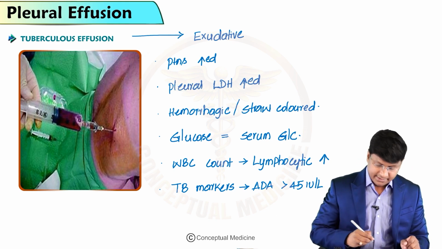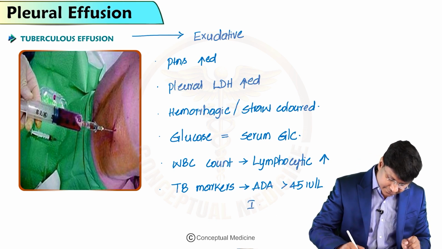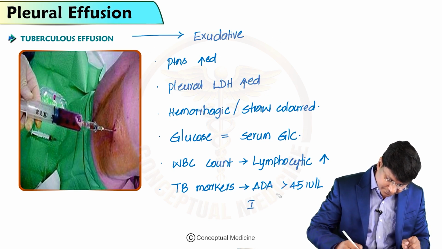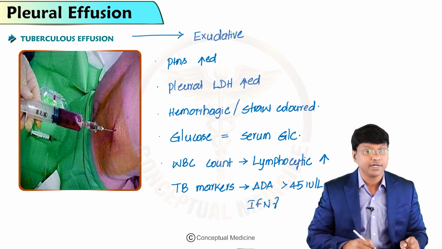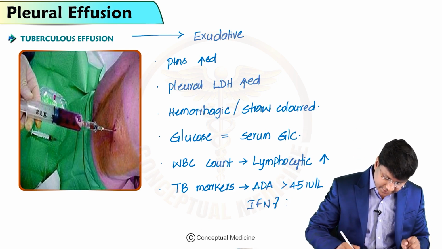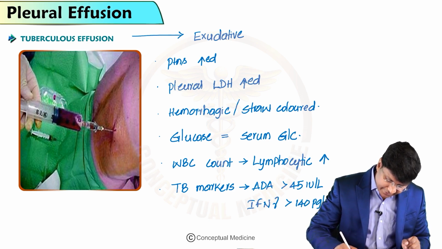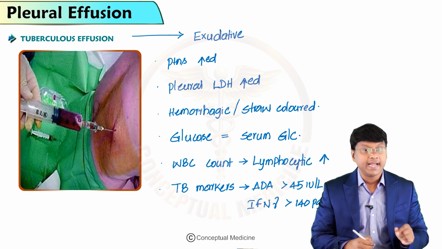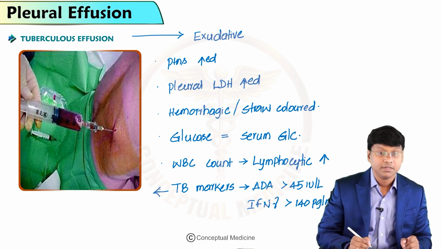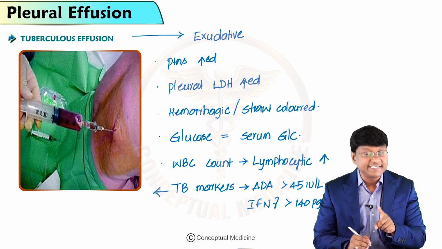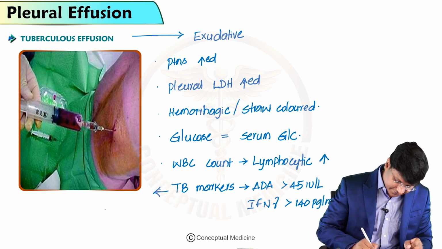Okay, and interferon gamma will be more than 140 picograms per ml. And another important tuberculous marker will be positive PCR for TB DNA.